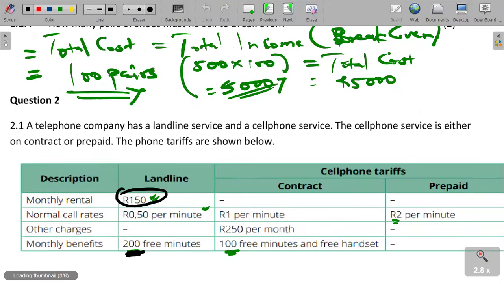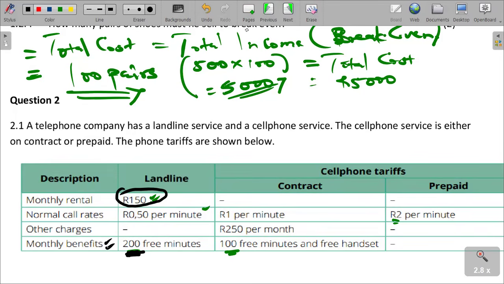It says monthly benefits, we have got 200 free minutes. So if it goes below 200 minutes, it will be free. However, if it goes above, we are going to have a cost of the number of minutes that are above the 200 minutes that we are talking about.